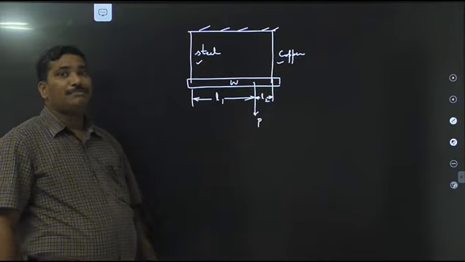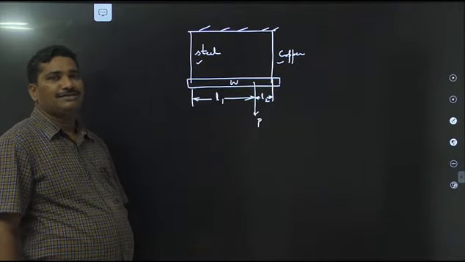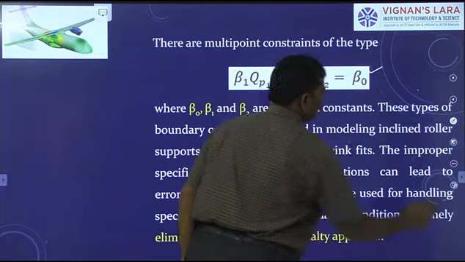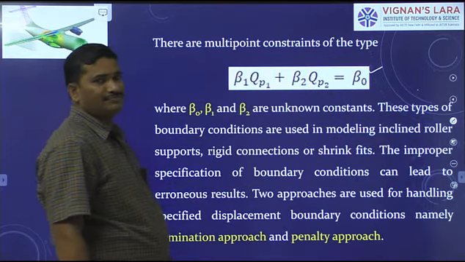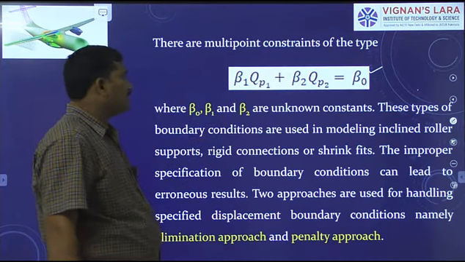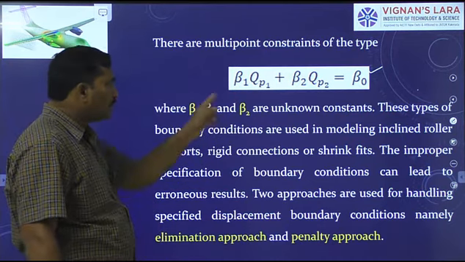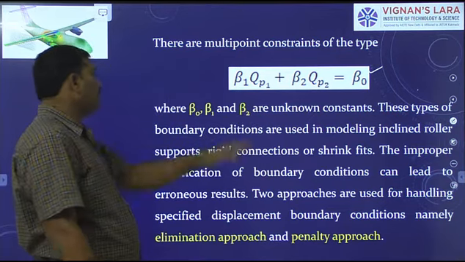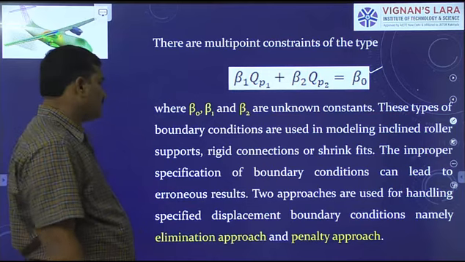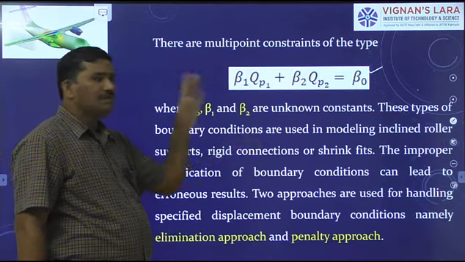They appear as multi-point constraints, in this form. Beta naught, beta 1 and beta 2 are the unknown constants. These types of boundary conditions are used in modeling inclined rollers, rigid connections or shrink fits.